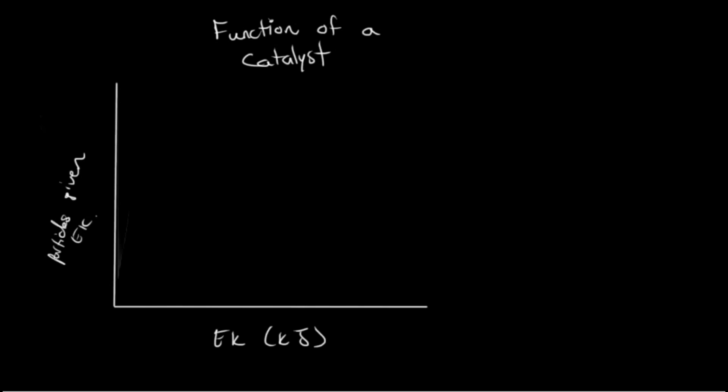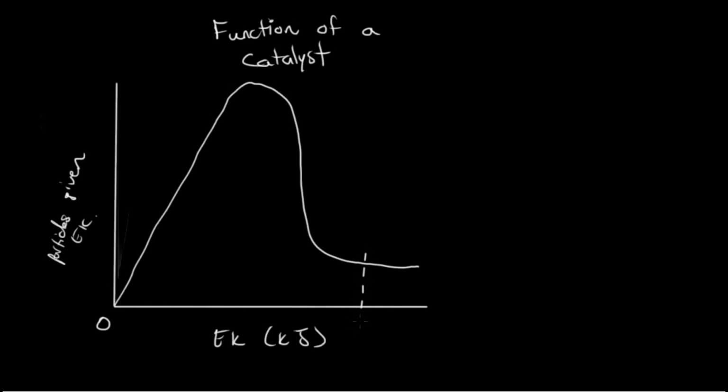The same thing occurs on a Boltzmann distribution curve under the function of a catalyst. But we don't draw a separate curve for the function of a catalyst. If we have our curve over here, let's say this is the initial activation energy without a catalyst, that's the little shaded area there.